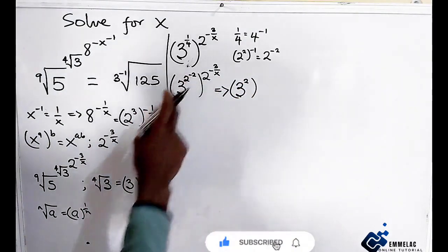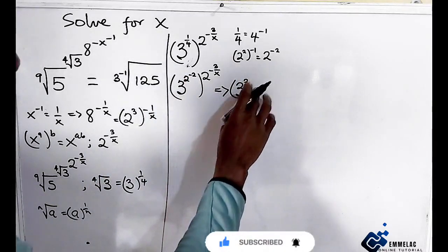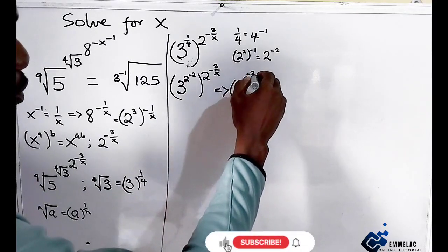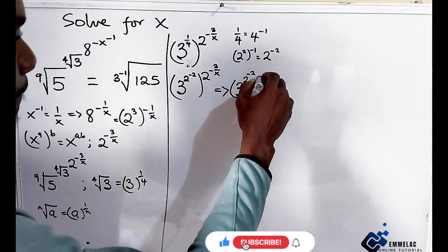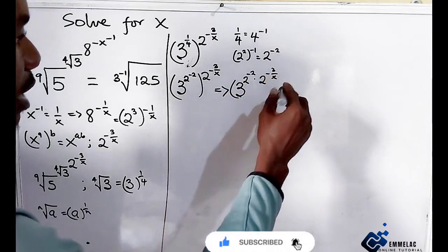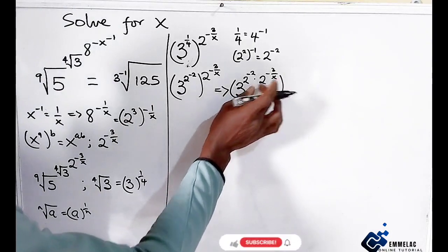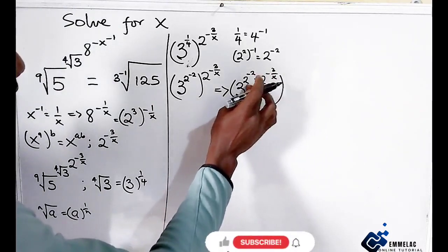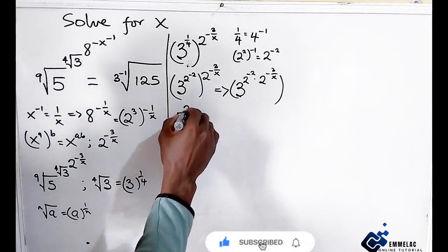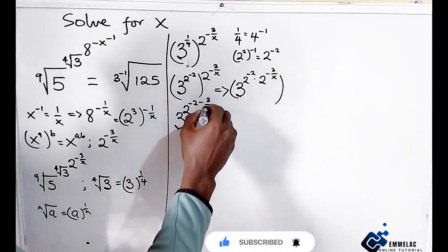So here we have 2 raised to the power of minus 2 times 2 raised to the power of minus 3 over x. Now if I were to solve this, since they have the same base, we have 3 raised to the power of 2 raised to the power of minus 2 minus 3 over x.